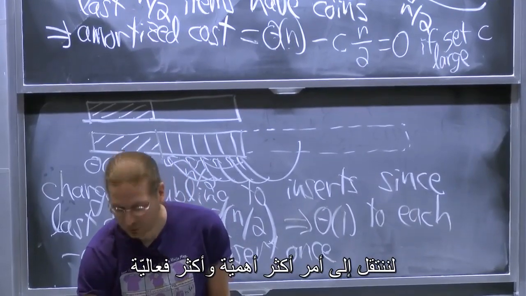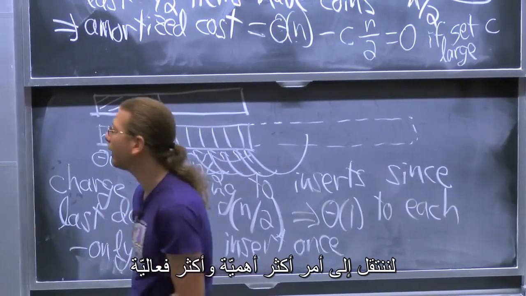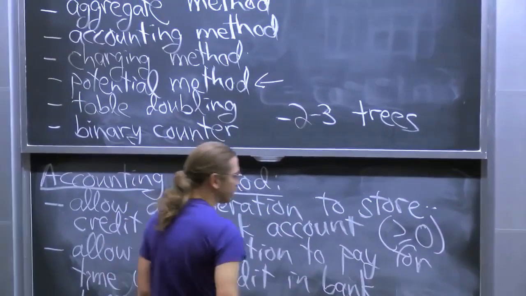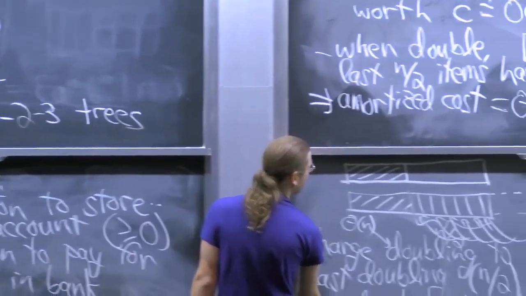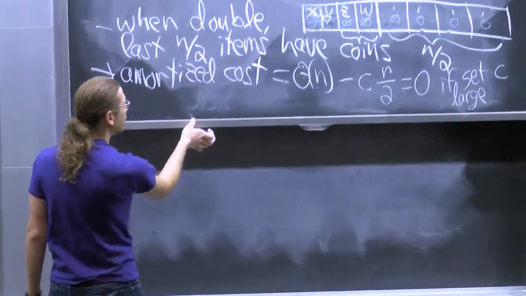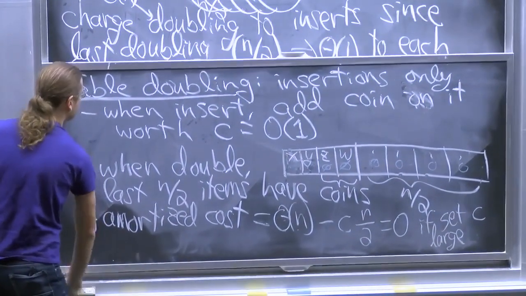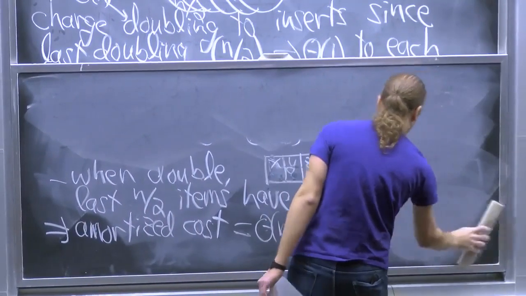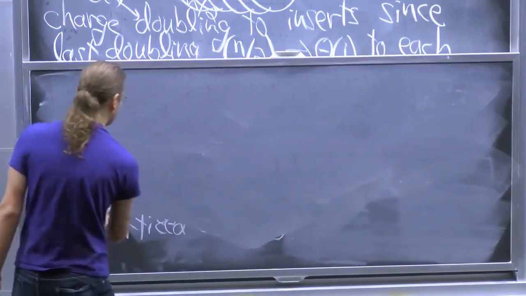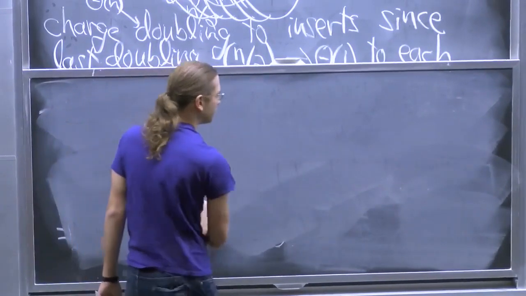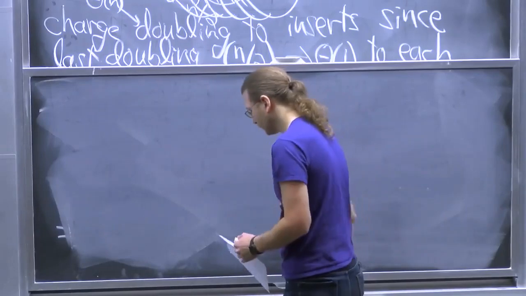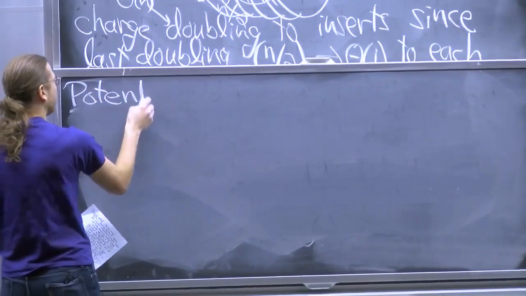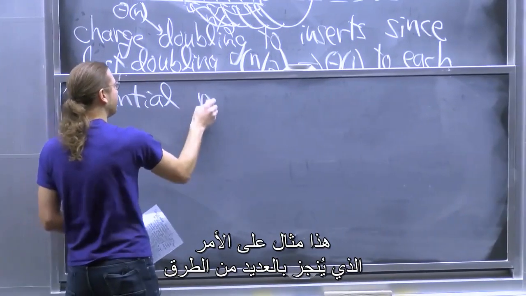Let's go to something even more interesting and in some sense more powerful, the last method on the list, which is the potential method. This is a good exercise in how many ways you can skin a cat.